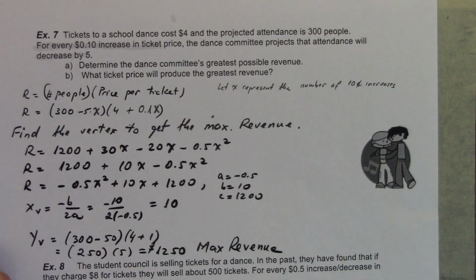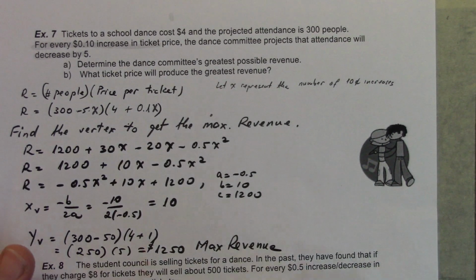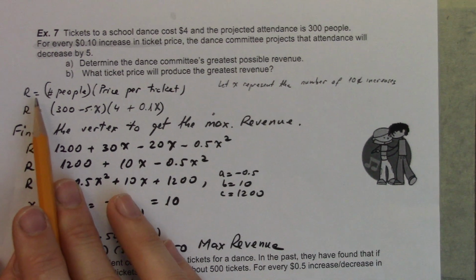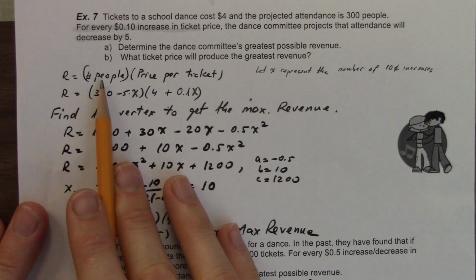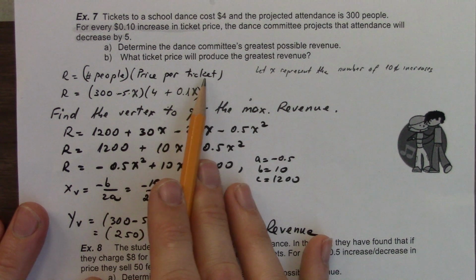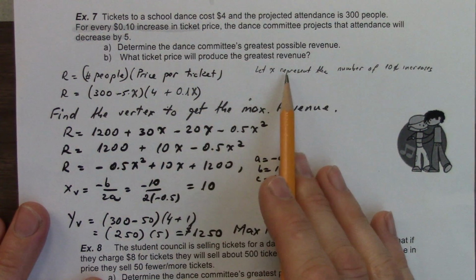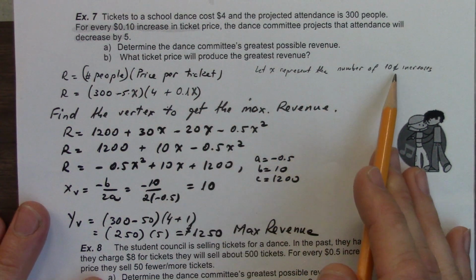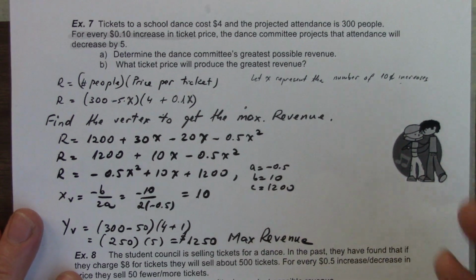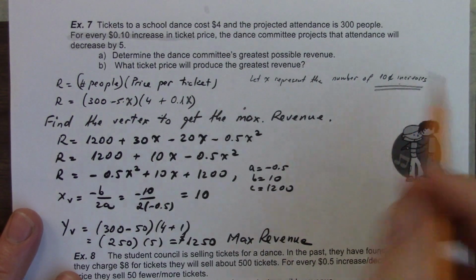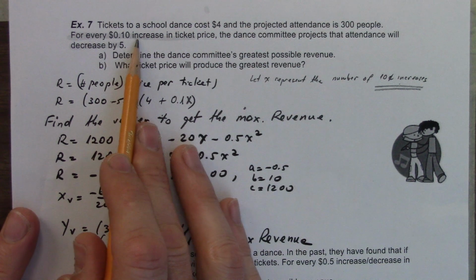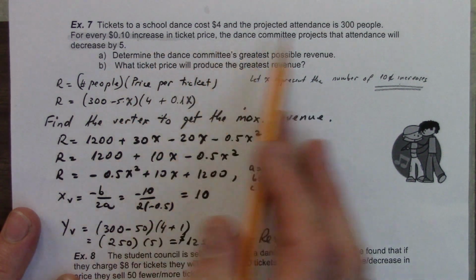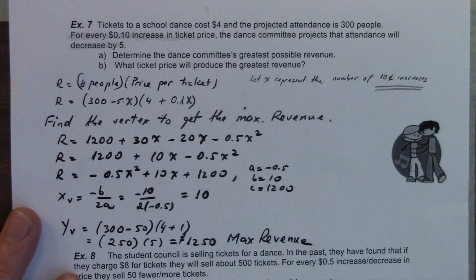So how do we do that? The first thing we need to do is establish some variables. We say R is the revenue. It's the number of people times the price per ticket. And then we say let X represent the number of 10-cent increases. This is important now, because with every 10-cent increase, we lose 5 people.